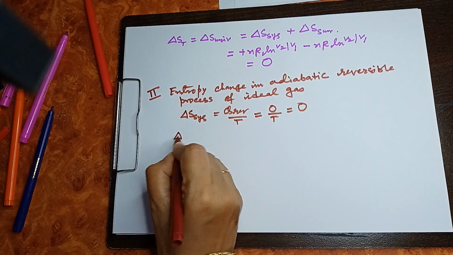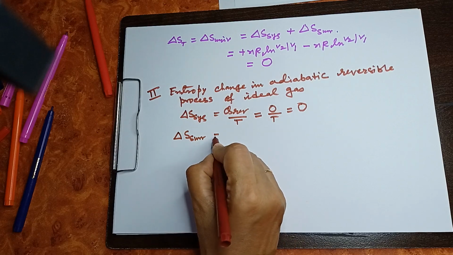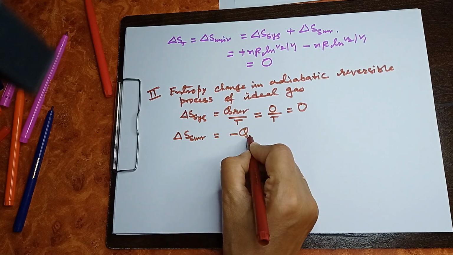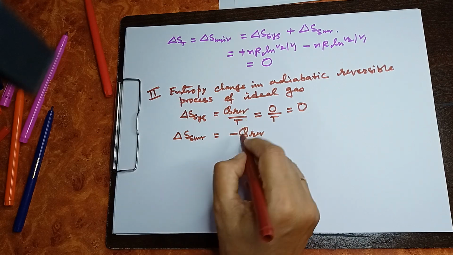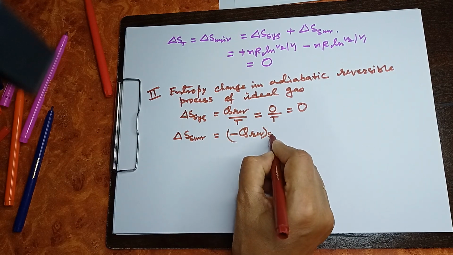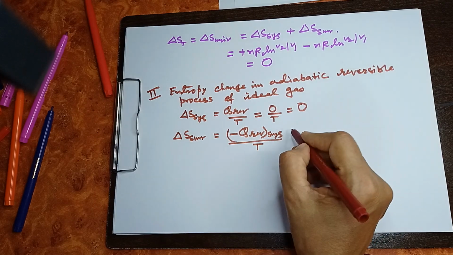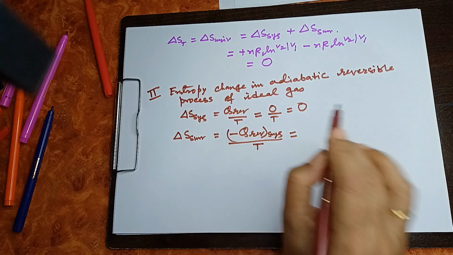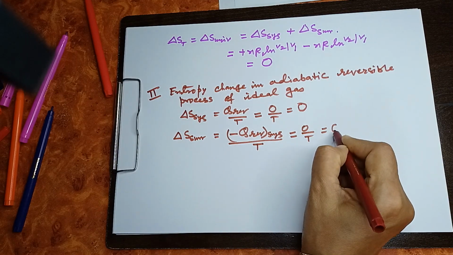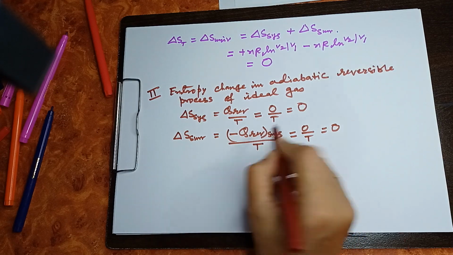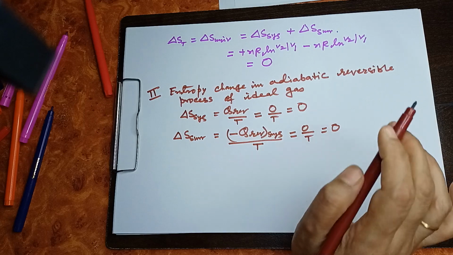Similarly, delta S surroundings is equal to minus Q reversible of system divided by T, since it is releasing the same amount of heat. 0 by T is equal to 0, minus 0 means 0.